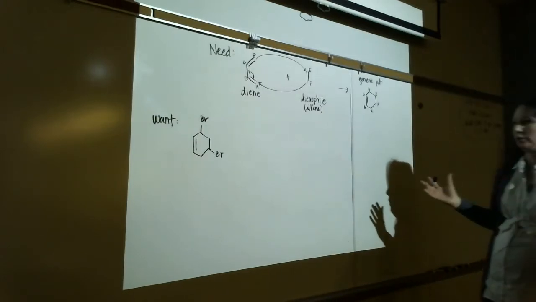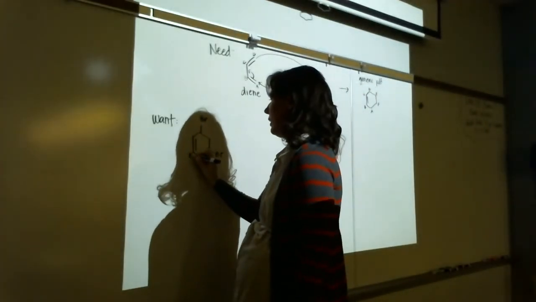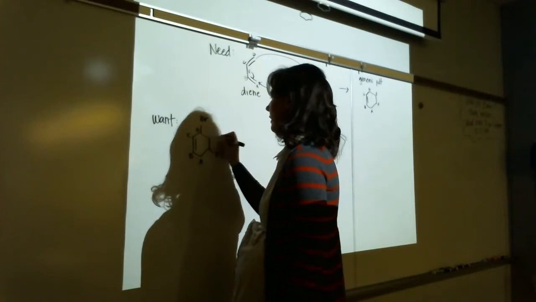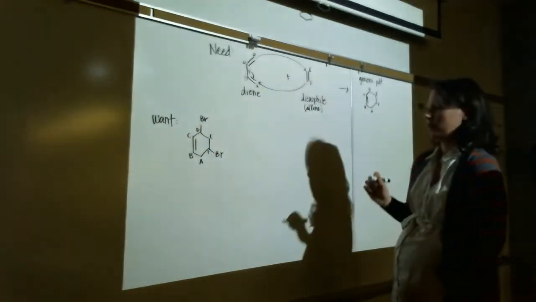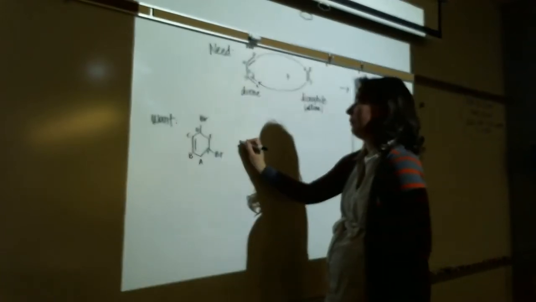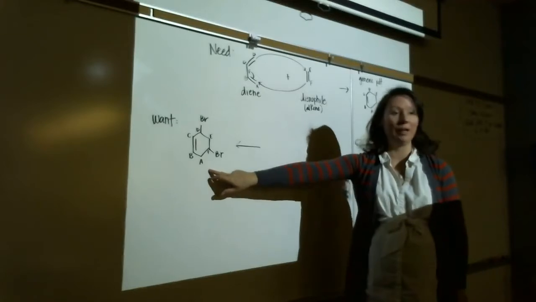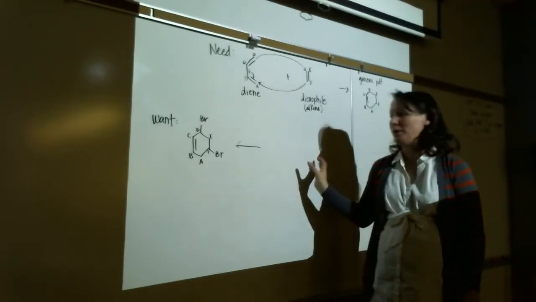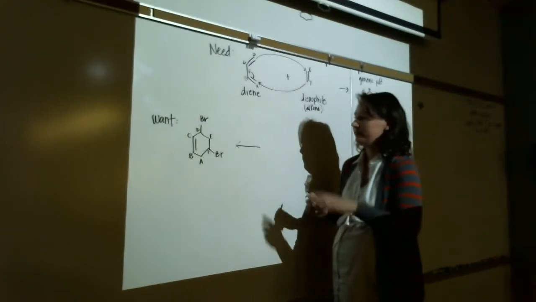Well, you can work backwards. If you just break this down, A, B, C, D, E, F. By the way, this is what we're doing tomorrow in our enrichment. I'm going to give you a molecule that I want, and you're going to come up with a reaction that would make it.